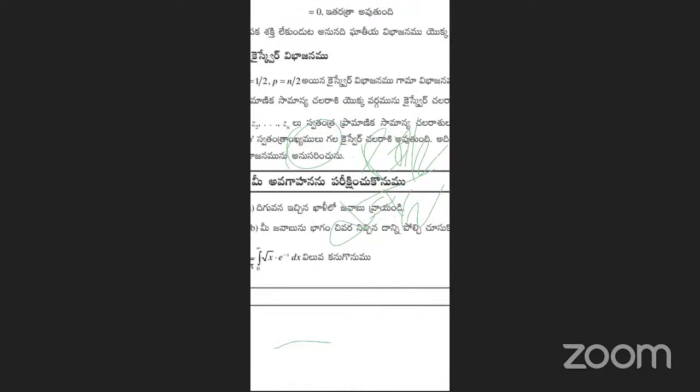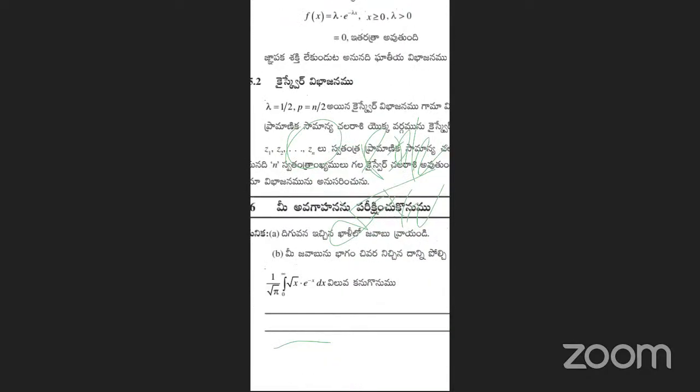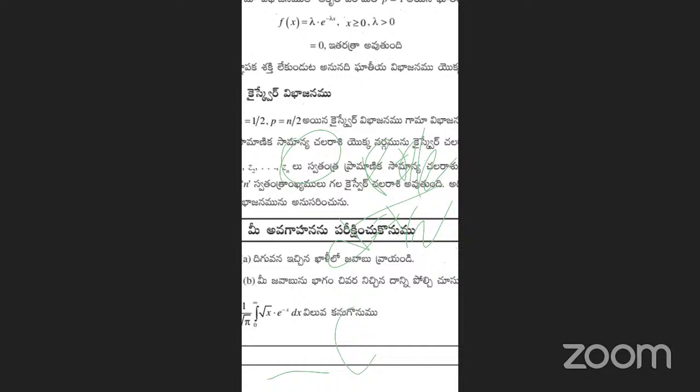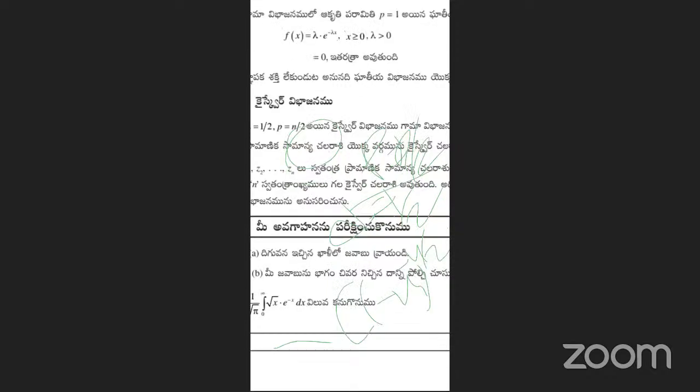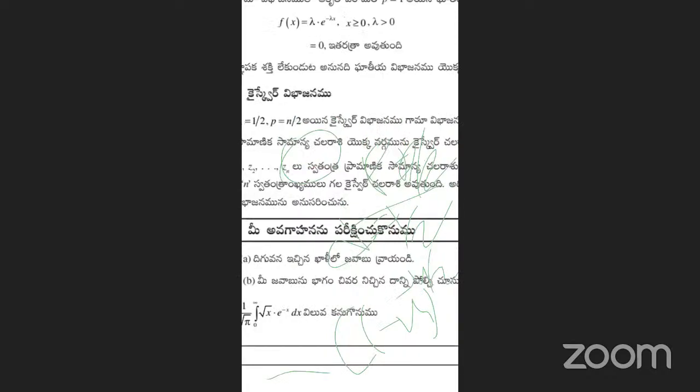If lambda equal to 1 by 2, p equal to n by 2, it follows chi-square distribution. So we know that the chi-square moment generating function is 1 minus 2t whole power of minus n by 2. So these are the topics. Please do the exercises.